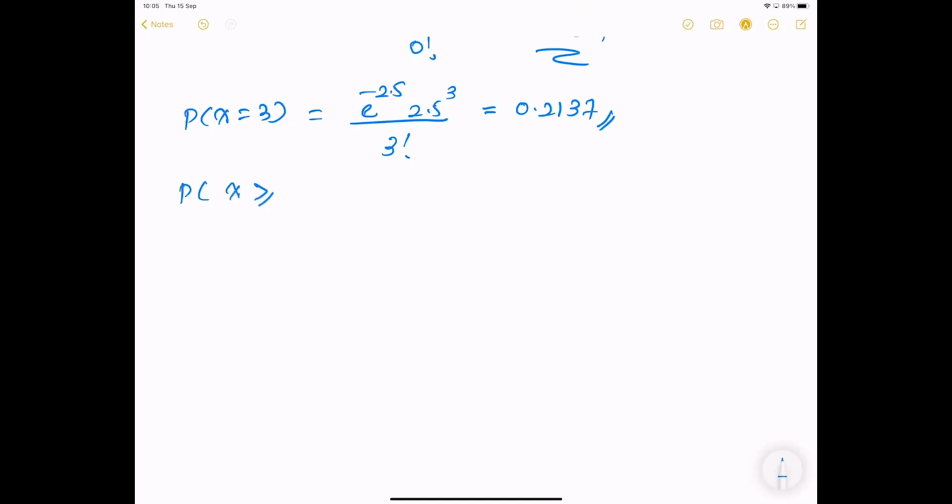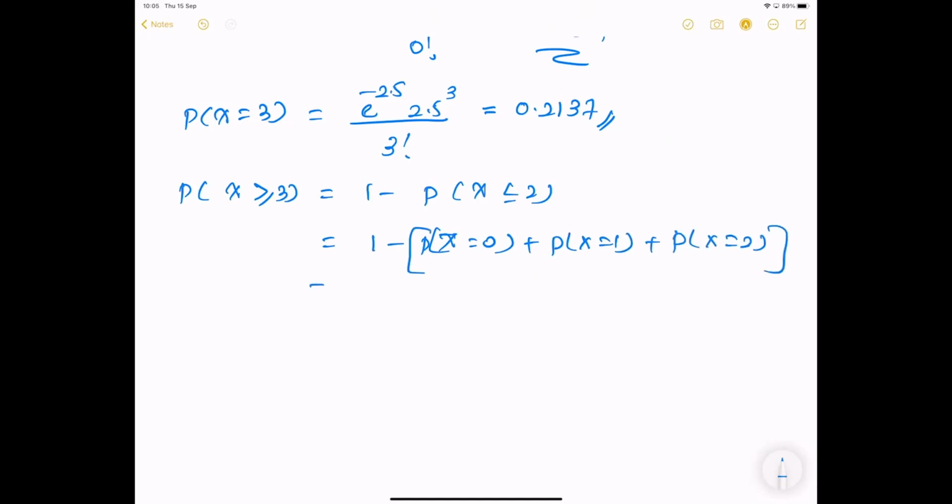X greater than or equal to 3, right? 1 minus the sum of x0, x1, and x2, right?